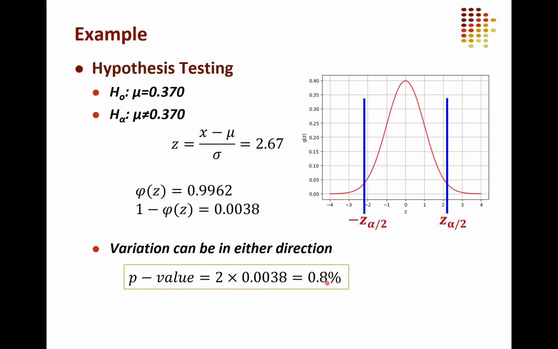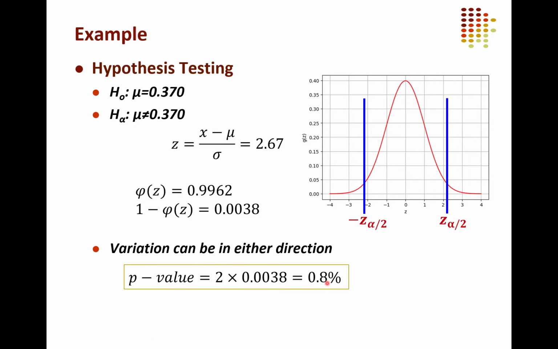So 0.5% is the value for alpha by 2 when alpha is 1%, and this is the same alpha by 2.